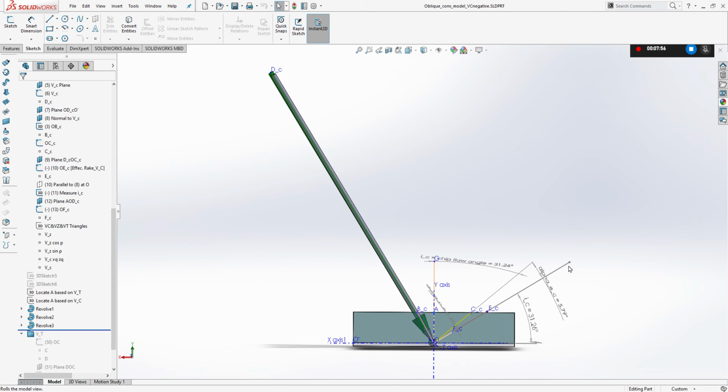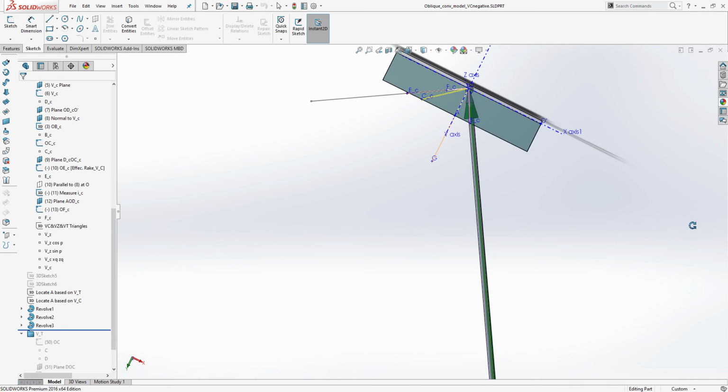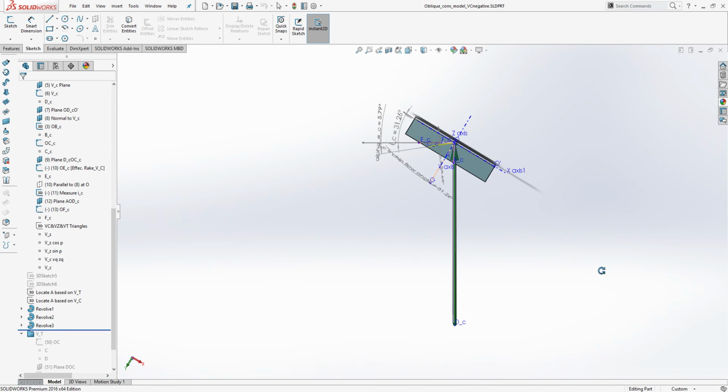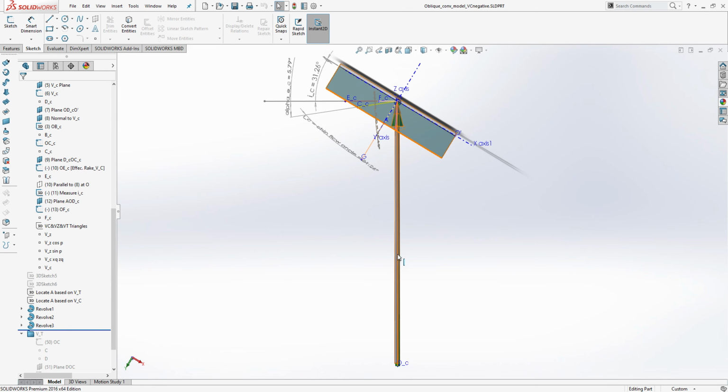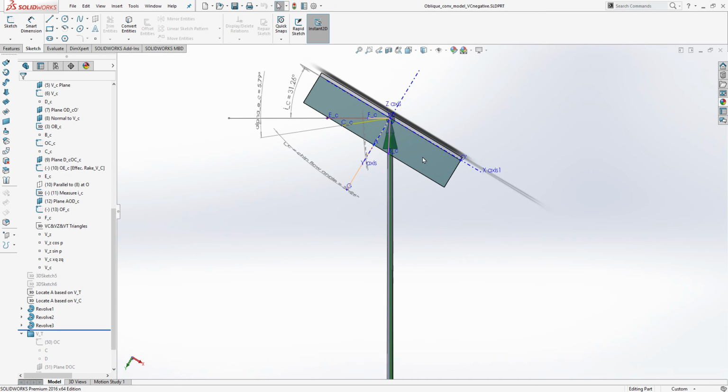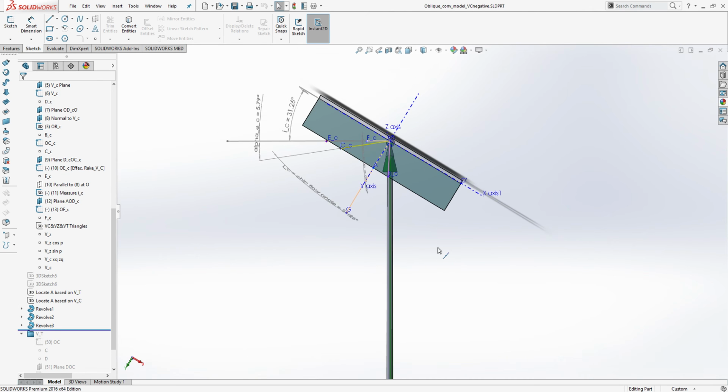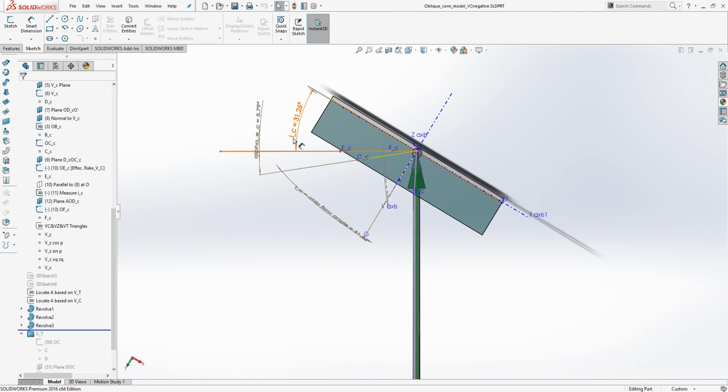Rotate like this. So this is the cutting velocity. It goes that way, and this is the cutting edge. And when I measure the inclination angle, the new inclination angle, I underscore C, is 31.26 degrees, and it is now above the horizontal line.